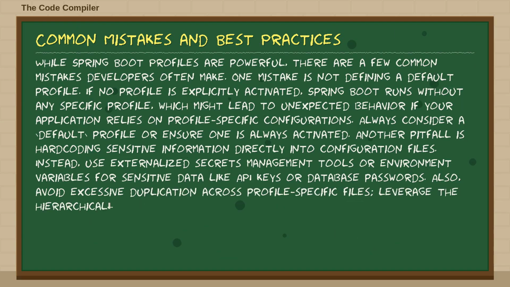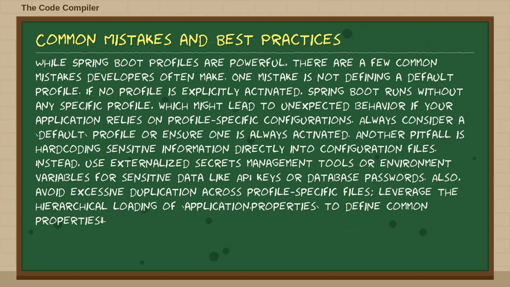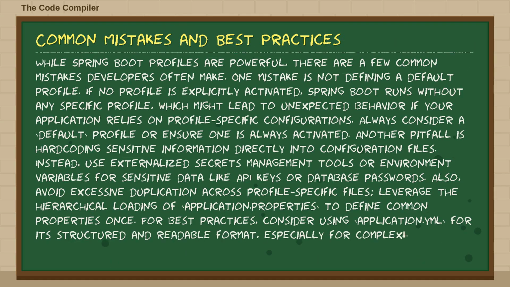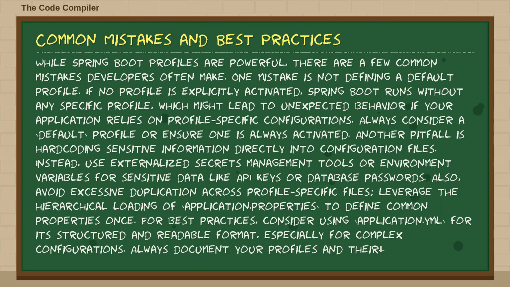Leverage the hierarchical loading of application.properties to define common properties once. For best practices, consider using application.yml for its structured and readable format, especially for complex configurations. Always document your profiles and their expected configurations for team members.